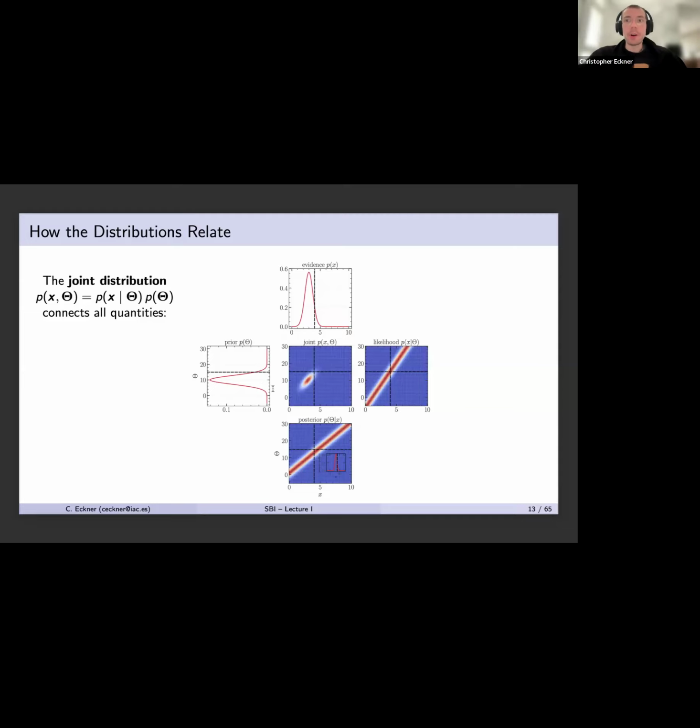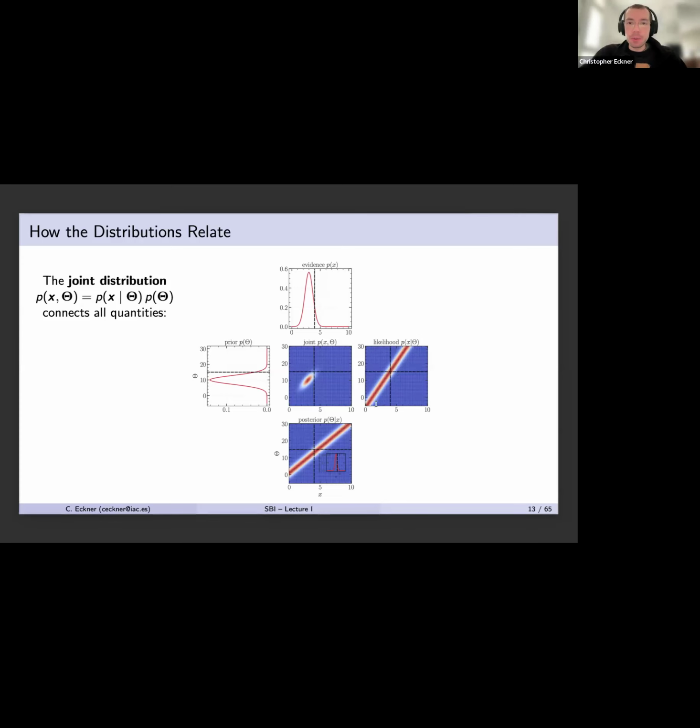Now, what is the likelihood? Well, the likelihood you get once you fix a certain parameter to a value, and then you trace along this fixed parameter, what is the probability density of the variable that is left? This is here x, so the probability of having this observation x at a certain value.